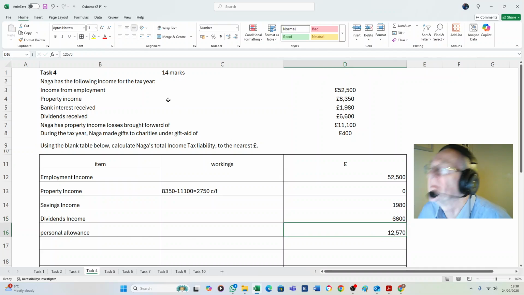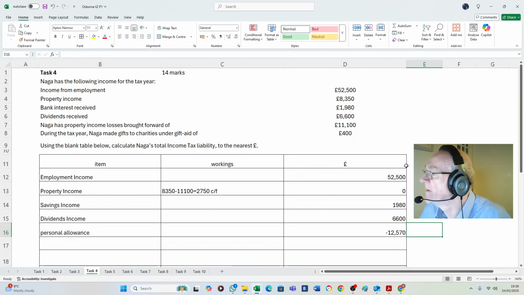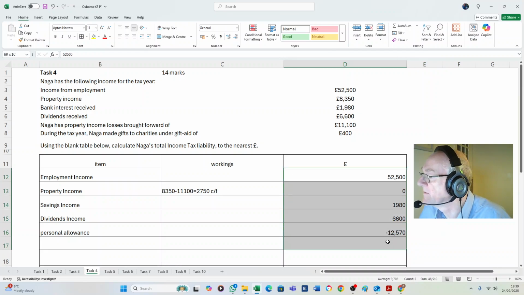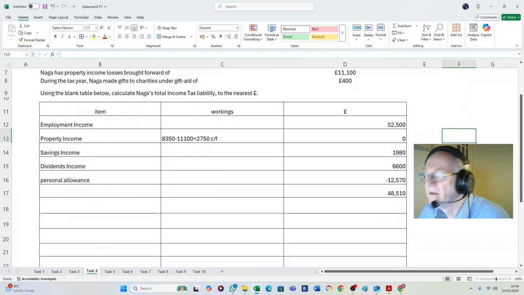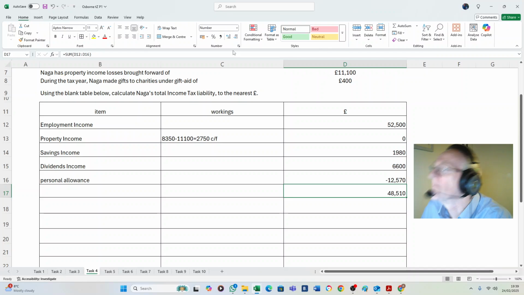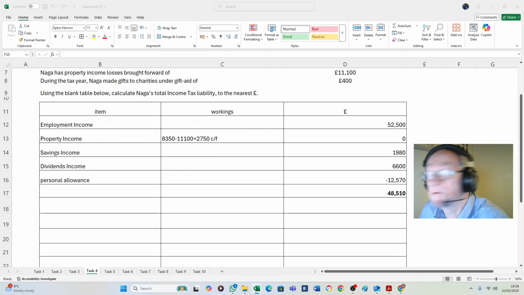In fact, just to make life easy, you don't have to put a minus symbol in, but I'm in a spreadsheet to just save a few seconds. 48,510. So that number the examiners like to see, because if something can go wrong up here, they can work from there when they're trying to deduct or allocate the marks for what you have done right.